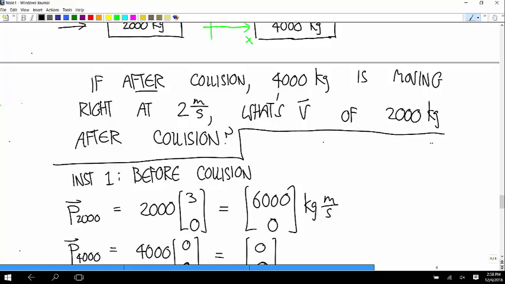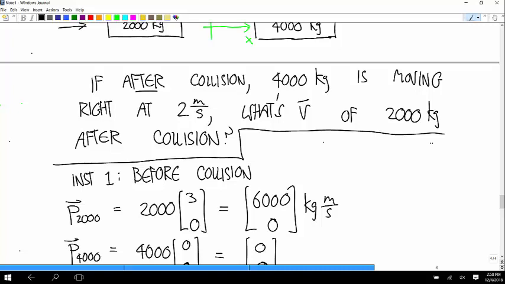You need to know what those spheres are made out of. If those spheres are made out of wet tissue paper, they'll just slump together and fall down on the ground, right? If they're super balls, they'll bounce off each other and go in opposite directions. So the masses and those starting velocities are not enough to know what's going to happen after. You have to have some information about the nature of the collision.